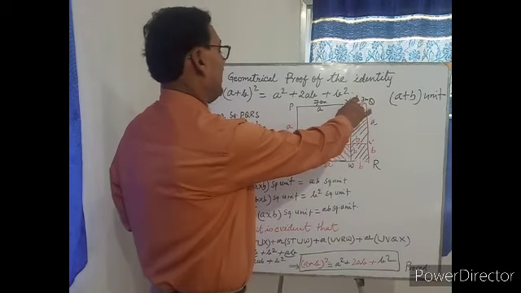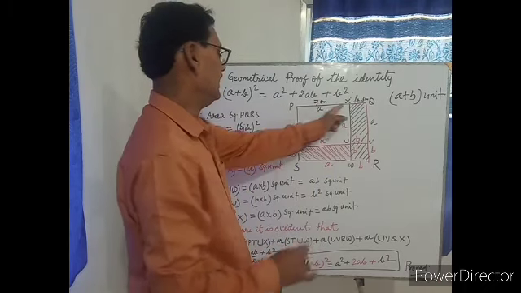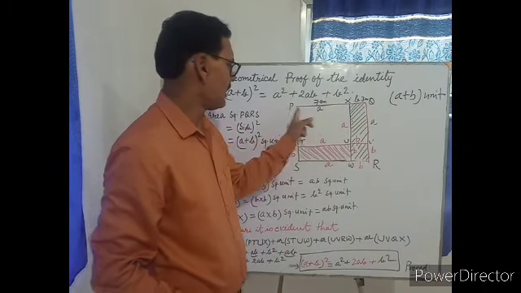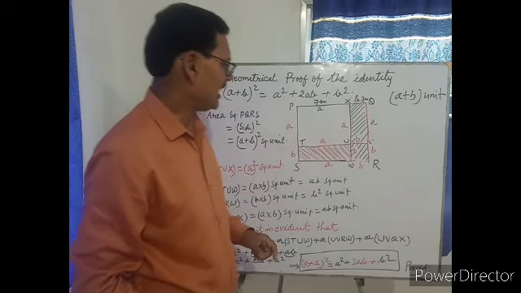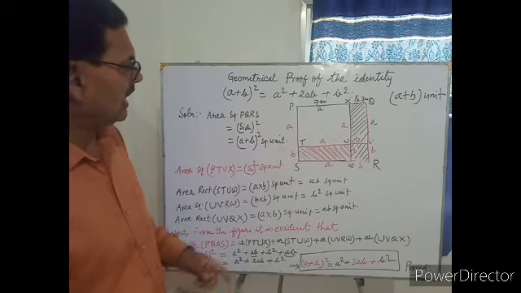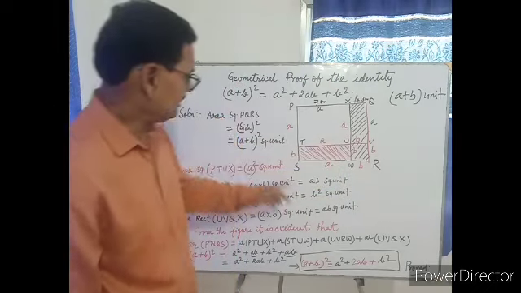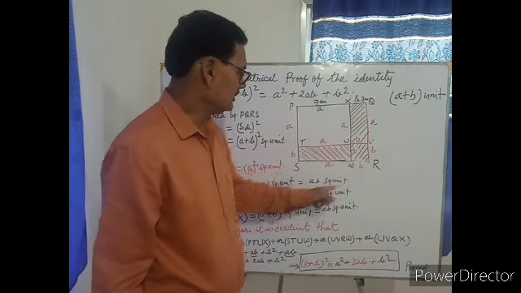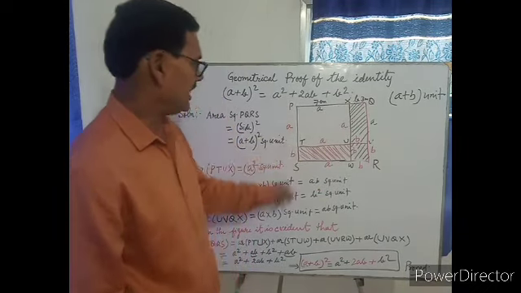From this point X, that is the end of the 7th centimeter, let us draw a line parallel to the side PS. The line segment is XW.